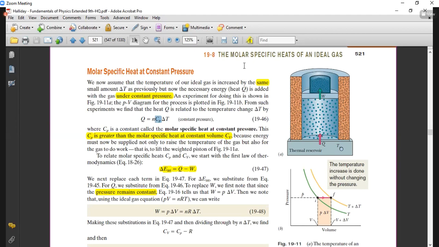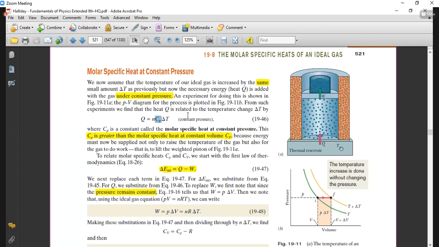The reason is that in these experiments, where we keep the pressure constant, the heat absorbed by the system does not only change the temperature, it also increases the volume.